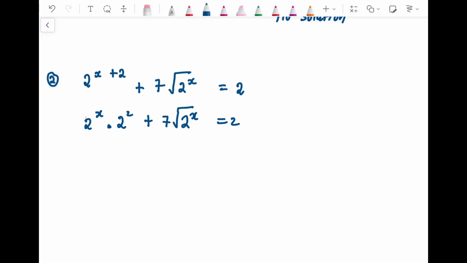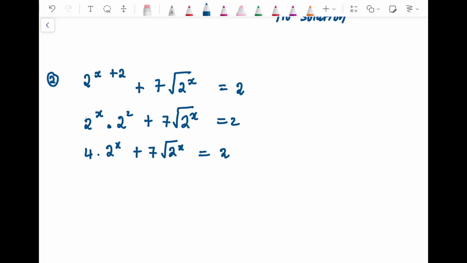And then this is the same as 4 multiplied by 2 to the exponent x plus 7 root 2 to the exponent x is equal to 2.